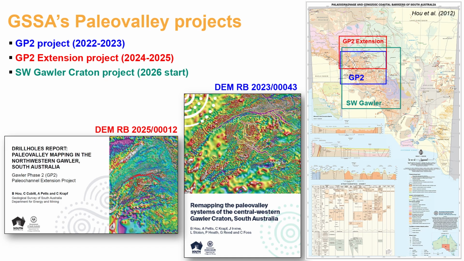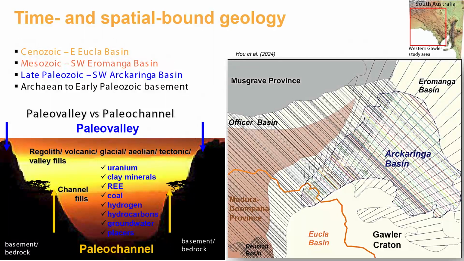The first project focused on the mapping, and the second, an extension project, focused on key drill hole analysis, which we use for the sedimentary character analysis. Today's talk is about this, and the next step will move down to the south, focusing on the Nardi paleochannel area for uranium, heavy minerals or REE.